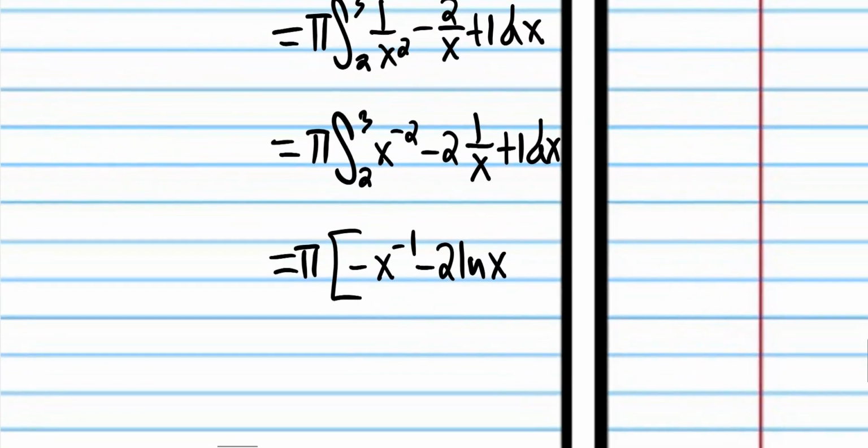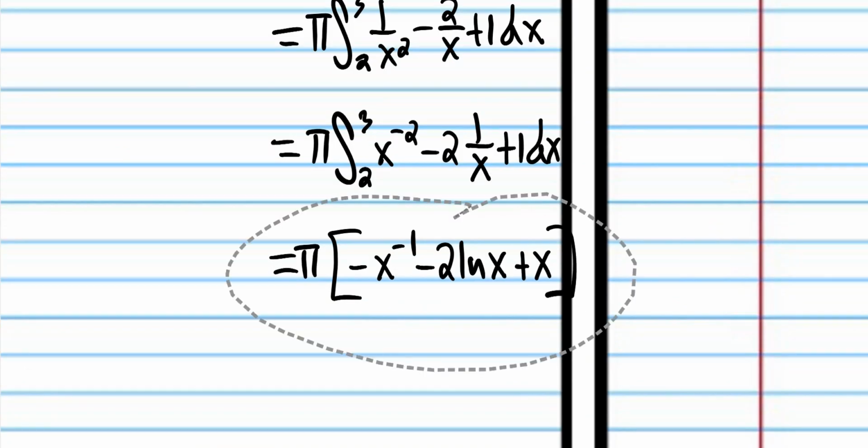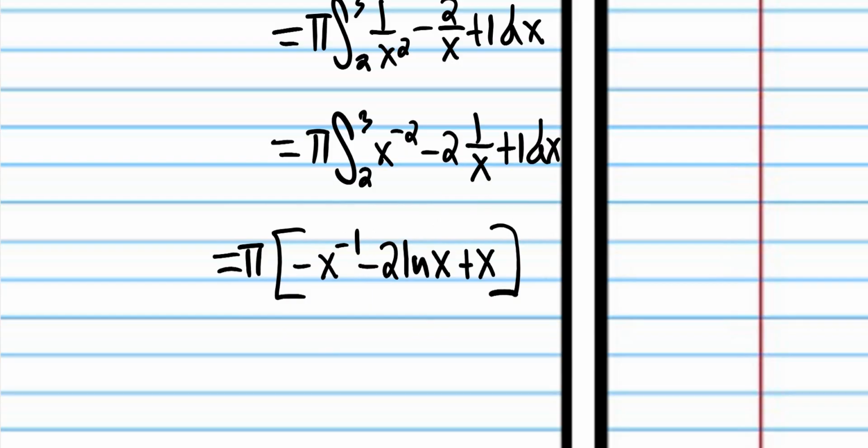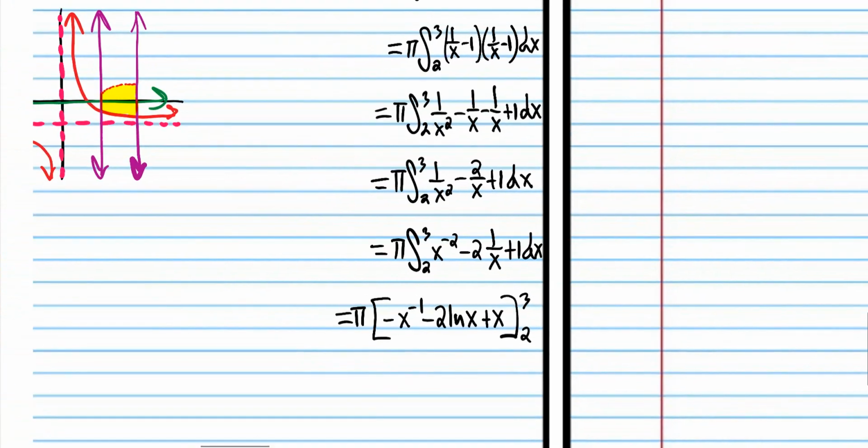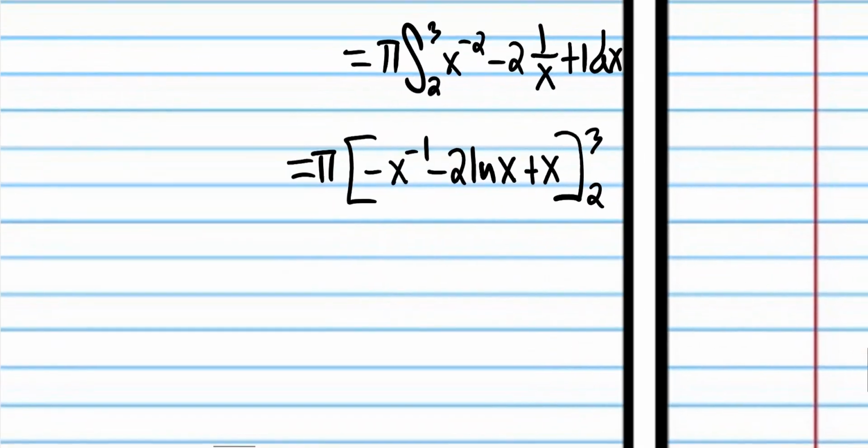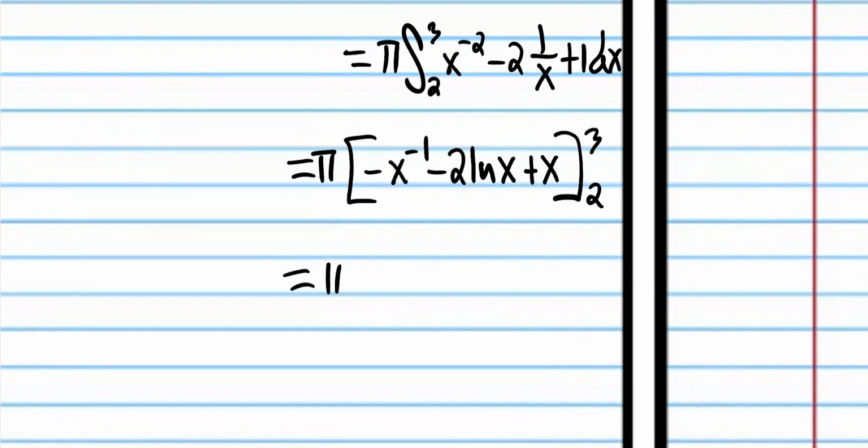That's natural log x, and the antiderivative of 1 is just x. And our limits of integration are 2, 3. Okay, so we don't know how to deal with that expression there, so we have to convert it to negative 1 over x.